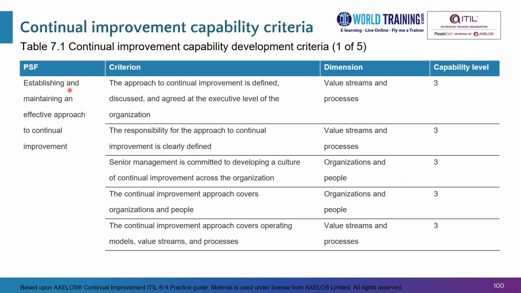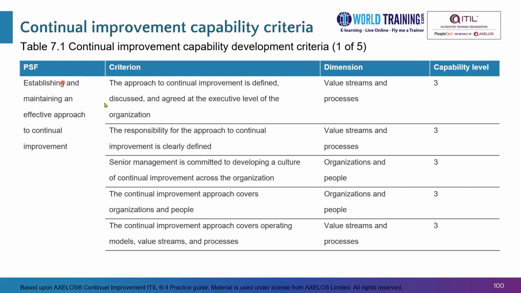First of all, we have the PSFs to establish and maintain an effective approach for continual improvement. So here if you notice this table, we have the criteria, several criteria for this PSF. We have the relevant dimension also listed and also the capability level listed.